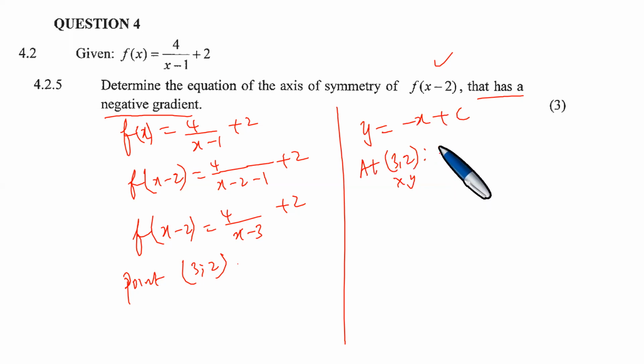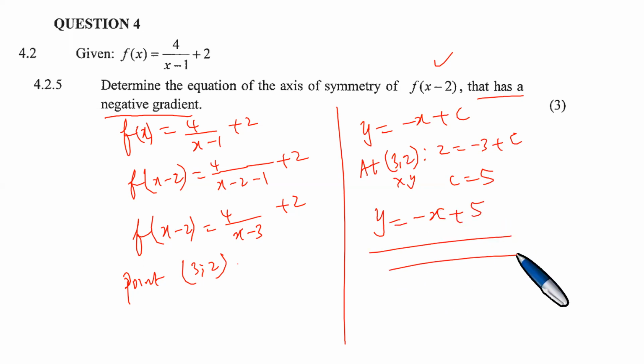Y is 2, x is 3. So y is minus x plus 5. So what is the equation of the axis of symmetry? It is exactly minus x plus 5.